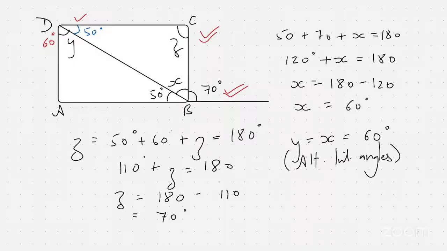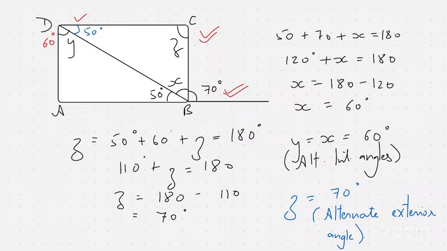So you can write down angle Z is equal to 70 degrees with the rule alternate exterior angle.